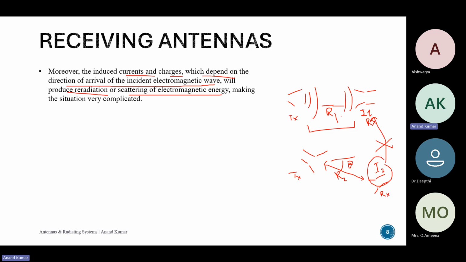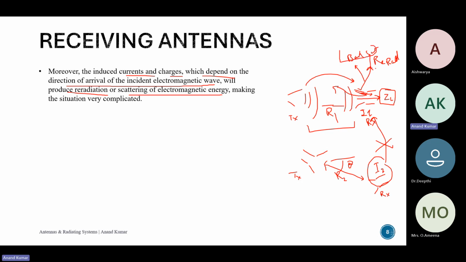Whatever EM wave is incident from the transmitting antenna onto the receiving antenna, a part of it will travel to the load, and part of it the antenna receives and then re-radiates, and some of it will just be reflected back, back scattered. So some of it will be received by the load, some of it will be re-radiated, and some will be back scattered.